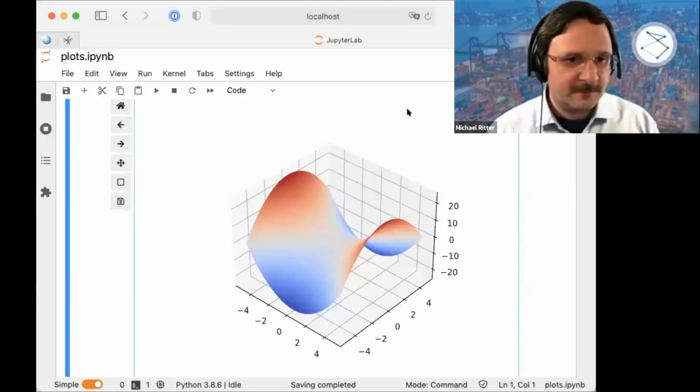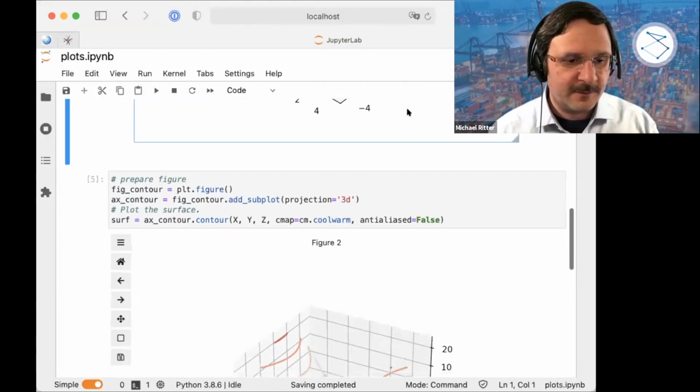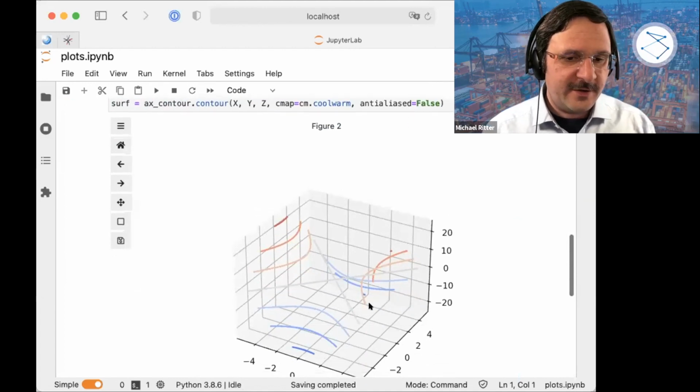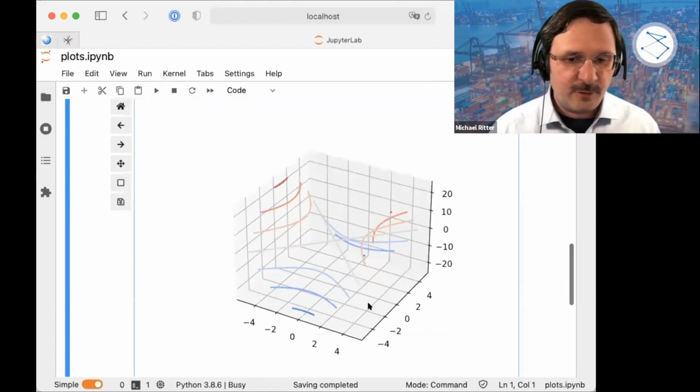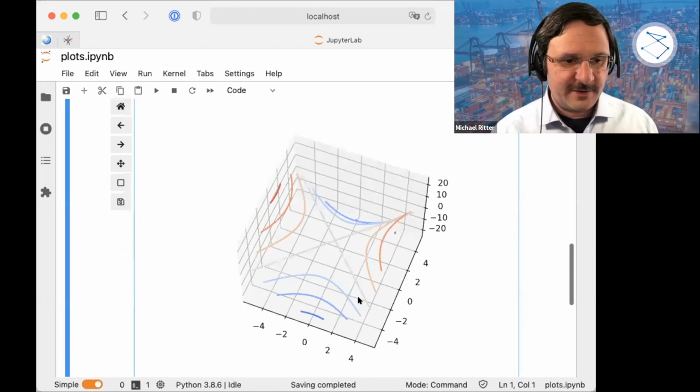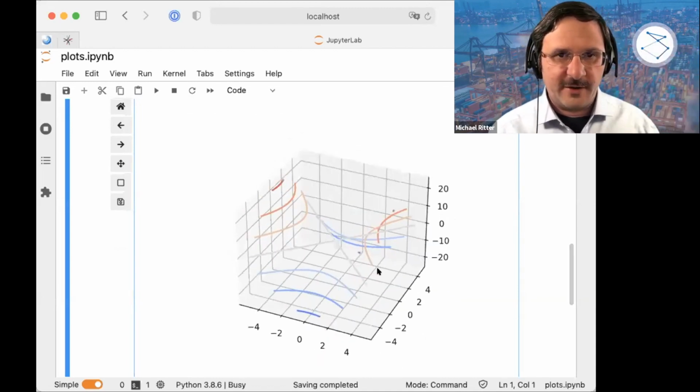Let me again switch to the interactive plots so I can show you that from different angles. So here is basically the contour plot, the level sets, but with the corresponding actual heights.